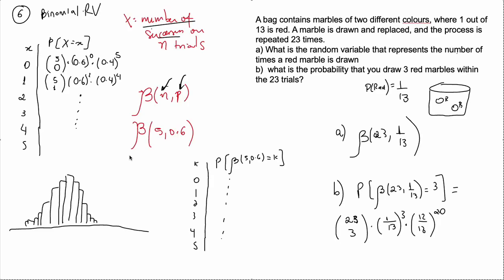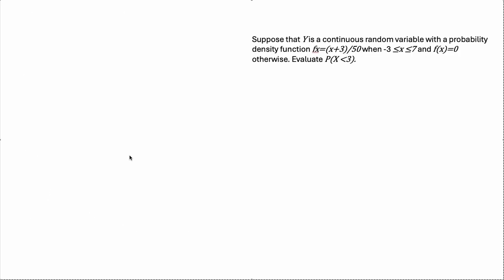So we stopped at item 6. And now we're going to item 7 of our recap. We're going to talk more specifically about continuous random variables.